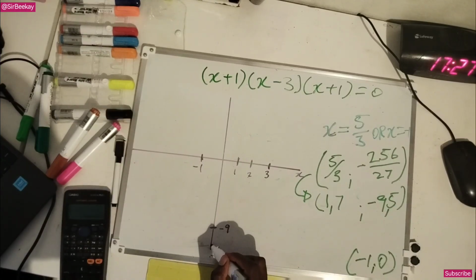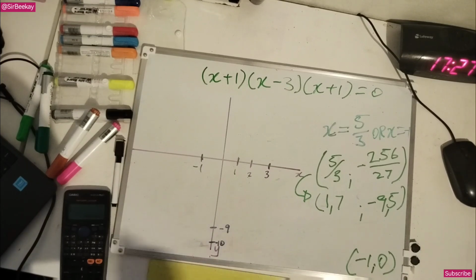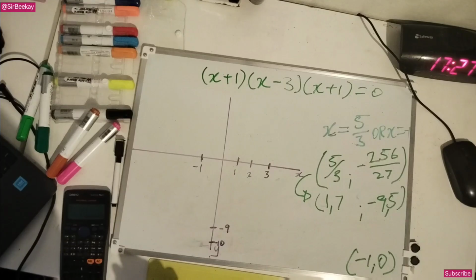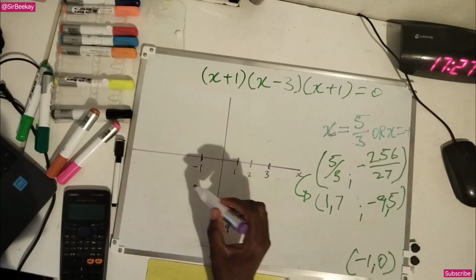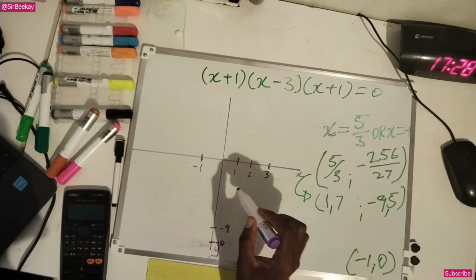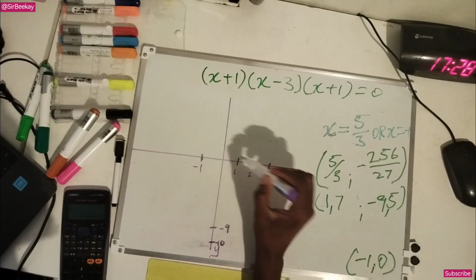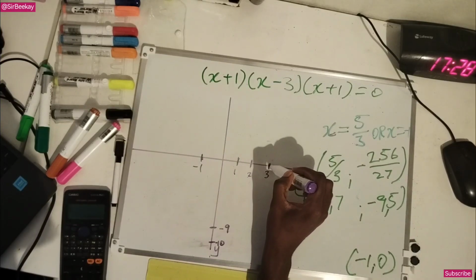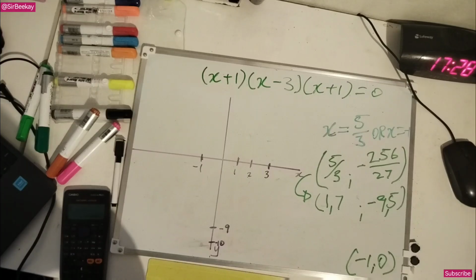So you're going to have x being minus 1, x being 3. And then you're going to have 5 for 1.7, minus 1, 0 again.